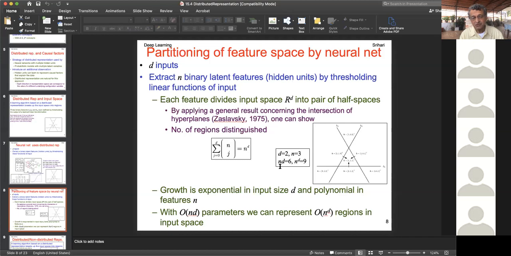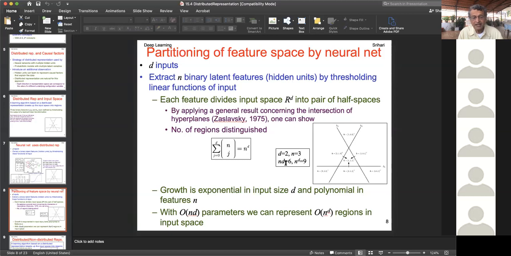And we can also compare it to nd, which is the number of binary features times the number of inputs. So the number of regions we get with a distributed representation is exponential in input size d. We are getting n to the power of d. We say it's exponential in input size d, and it is polynomial in the number of binary features n. With 3 features, we get some polynomial in terms of that n.